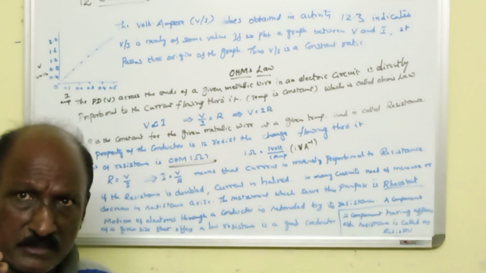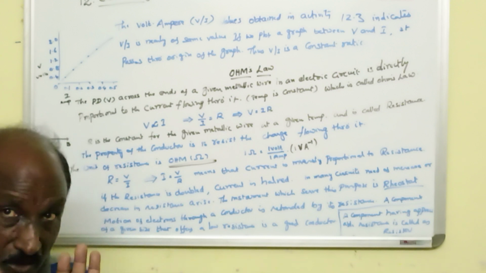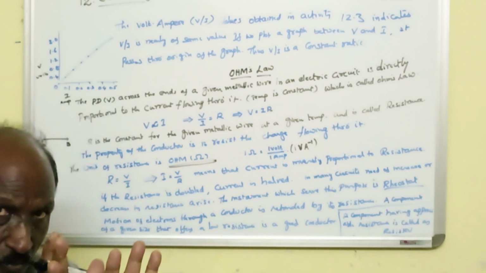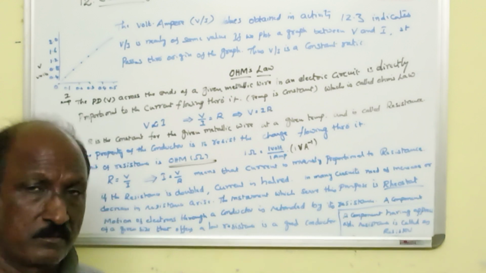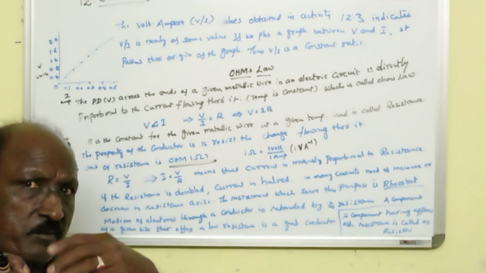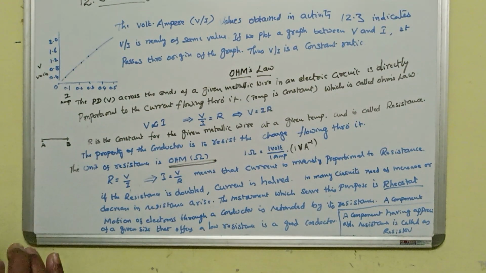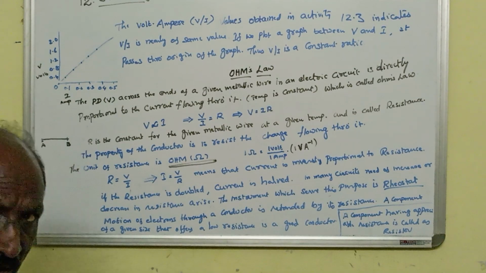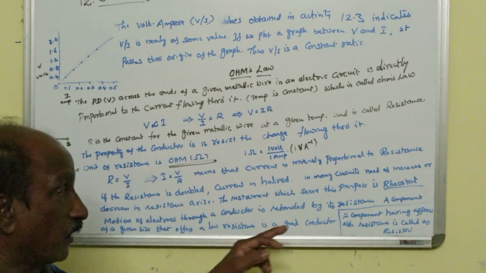So a resistance tries to resist or retard the electrons passing through the conductor, so that some electrons return back and only some quantity of electrons are let to pass through it.